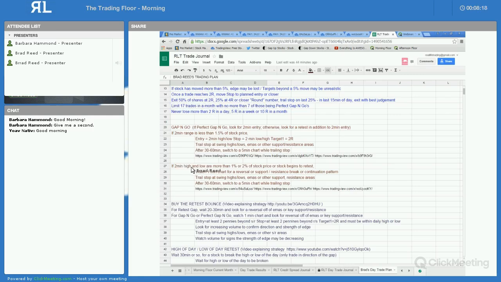Now, if the 2-minute high and low are more than 1 or 2% of the stock price, or the stock begins to retest, then I watch the 1-minute chart for a reversal. Yesterday, I think I recorded and posted a video on the retest bounce. That is the strategy I use if the stock is going to retest.